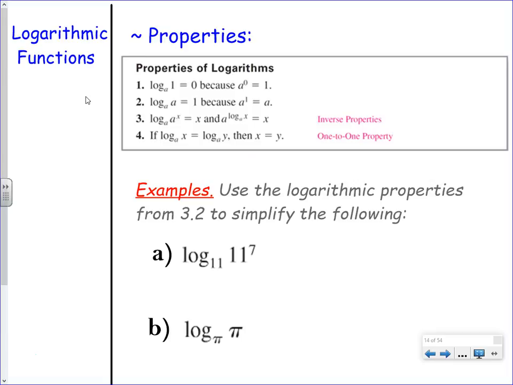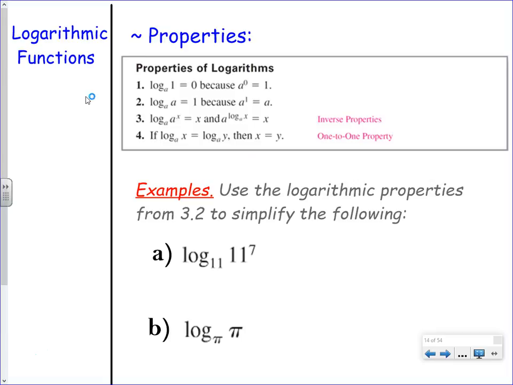Now, if I had given you parts of these properties, just a few of you might have been able to answer them and say, oh yeah, any log of 1 is always 0, no big deal. Any log base a of a, oh yeah, it's 1, no big deal. Maybe some of you could even have remembered that logs and exponentials undo each other.